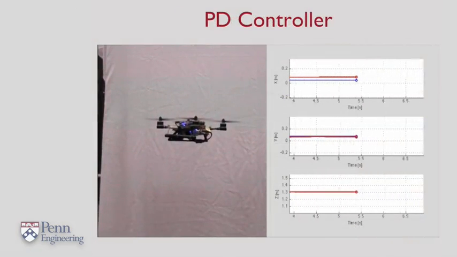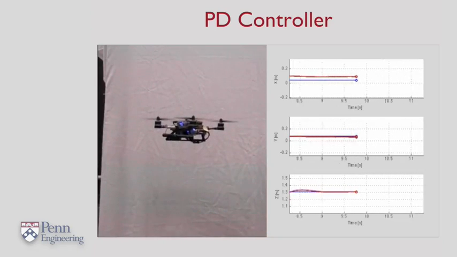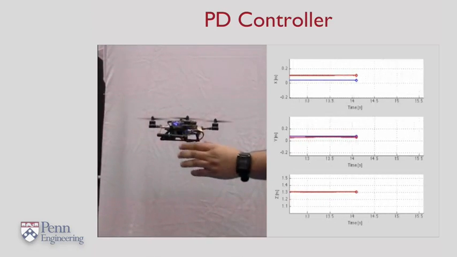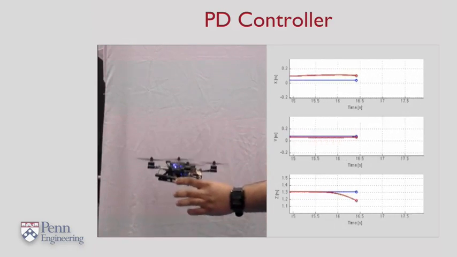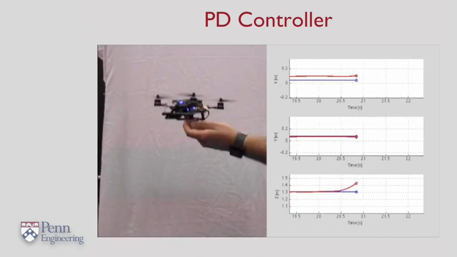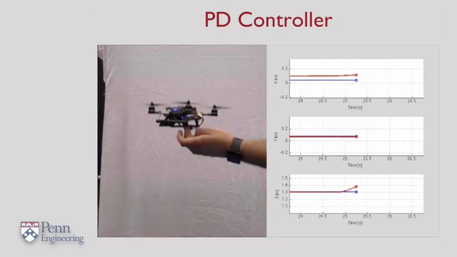The robot is asked to hover, and in this case, someone displaces the robot from the nominal hover position, and the robot fights to overcome the disturbance. Using a combination of proportional and derivative gains, the robot is able to compensate for that disturbance and then settle back down into the hover position.